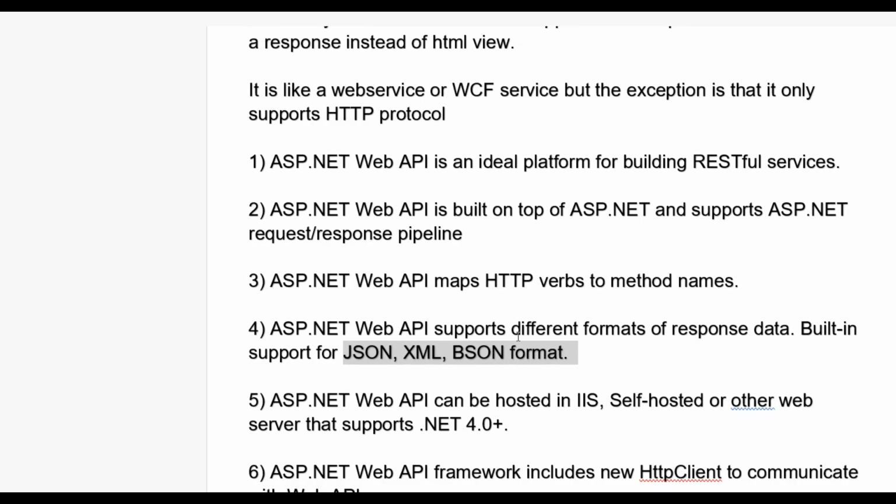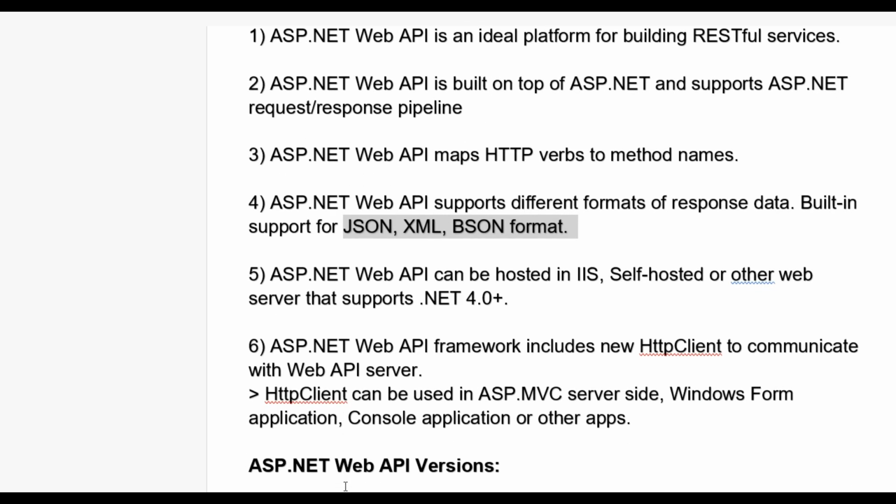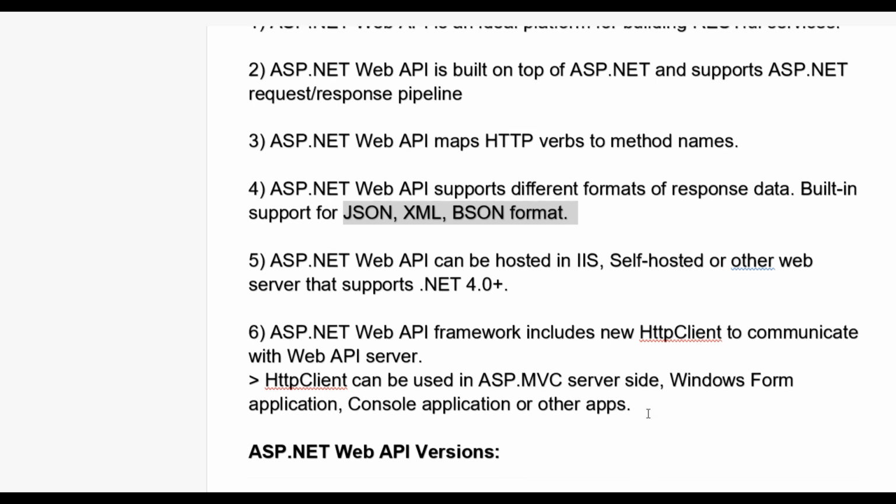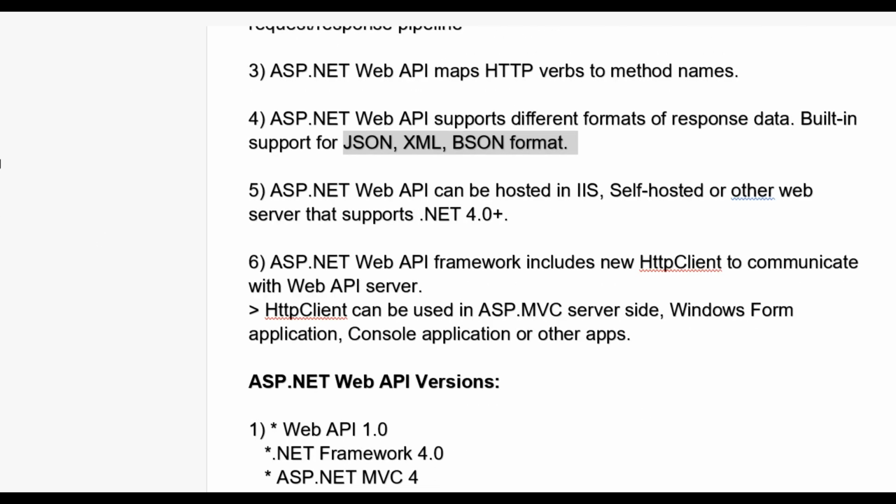Web API can be hosted in IIS, self-hosted, or in other web services that support .NET Framework 4.0. Actually, the Web API framework includes a new HTTP client to communicate with Web API servers. The HTTP client can be used in ASP.NET MVC server side, Windows Forms, console applications, or other apps.